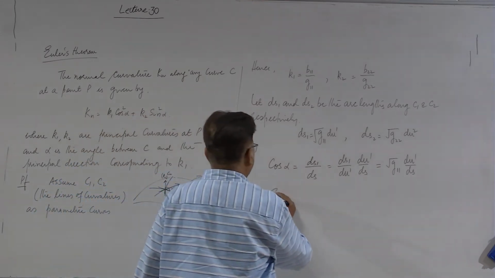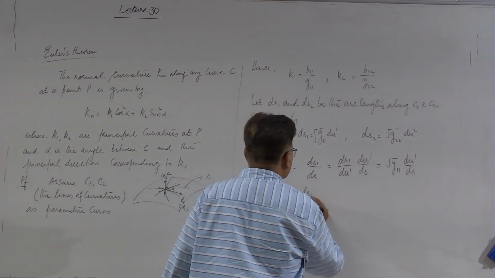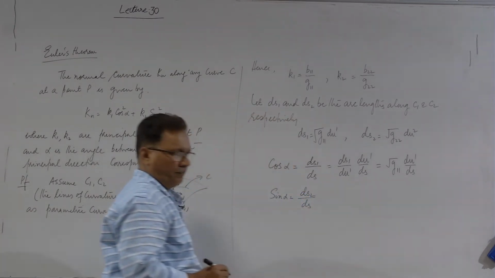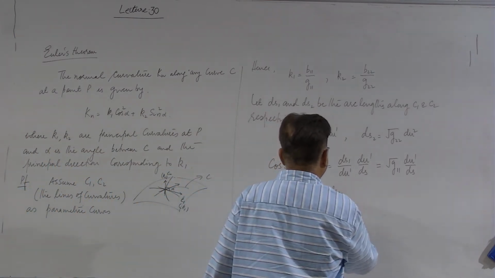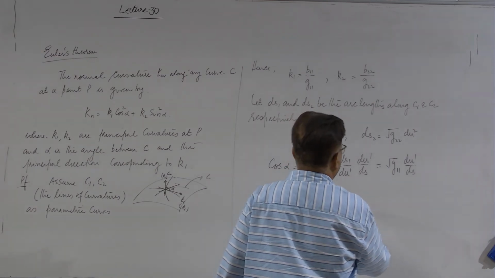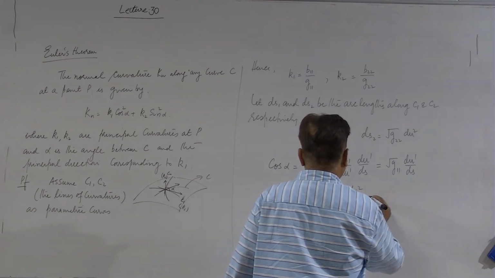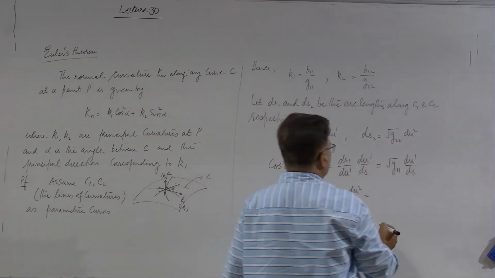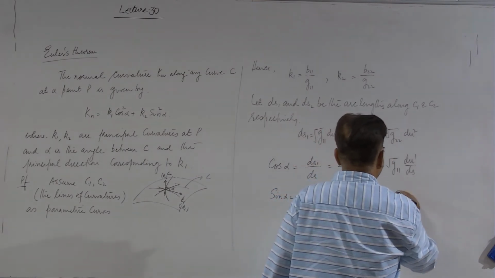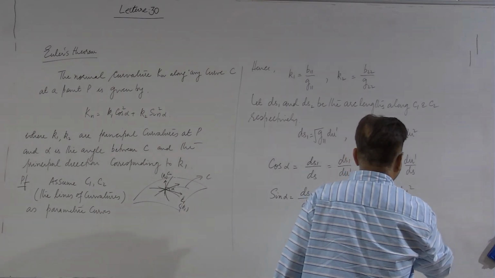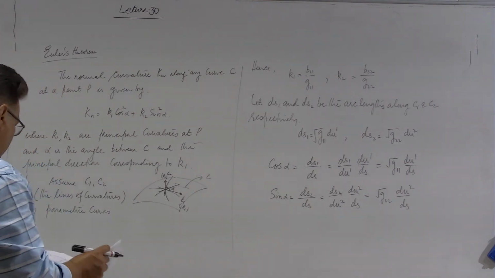So sin alpha is ds2 upon ds, which is ds2 upon du2 into du2 over ds, that is under root g22 multiplied by du2 over ds. So, these are some relations that we have found.